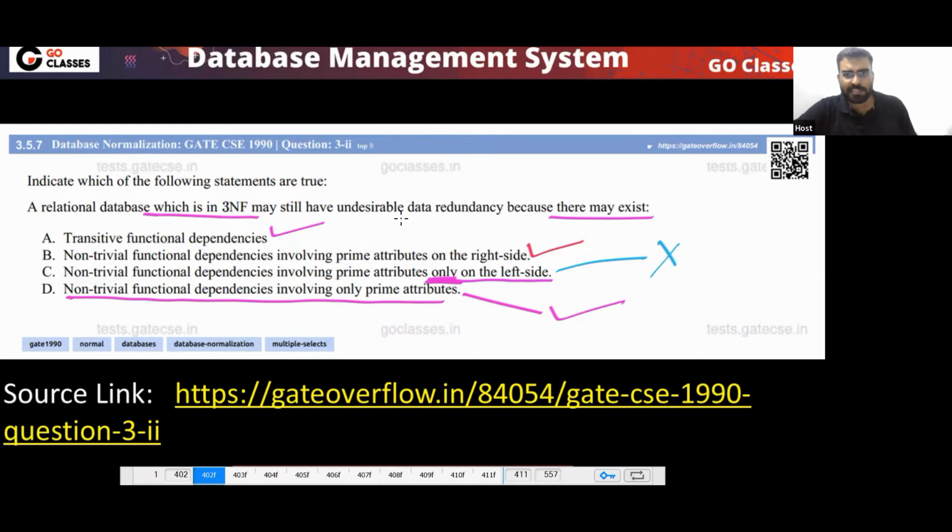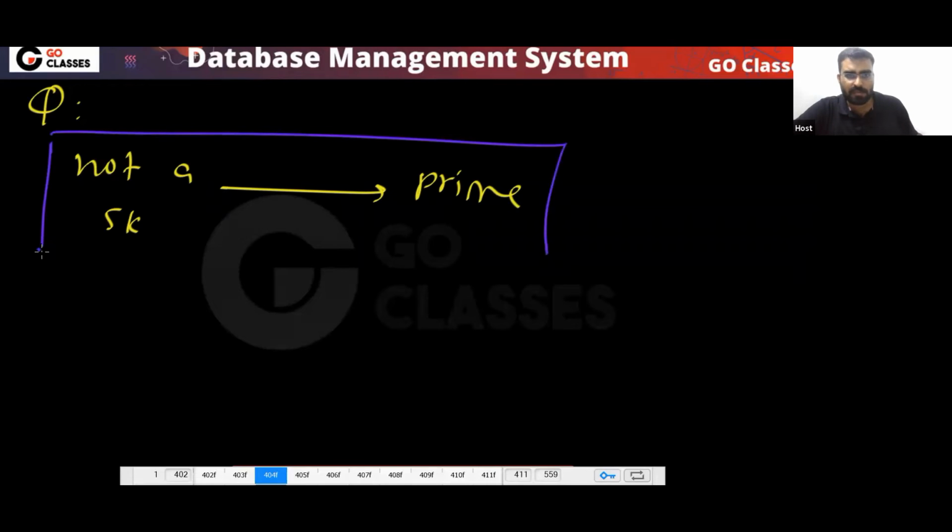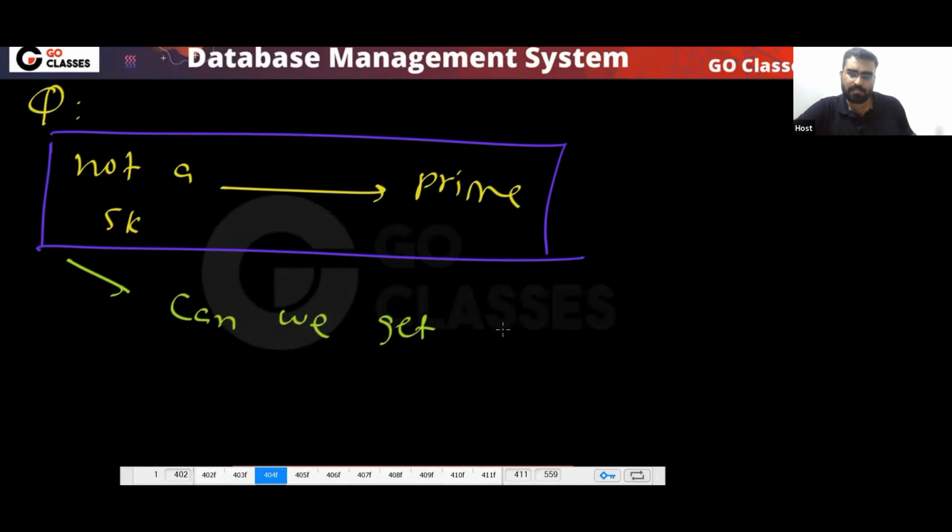Why are you getting undesirable redundancy? Because of this situation, not a super key implies prime attribute, can you get unnecessary redundancy?